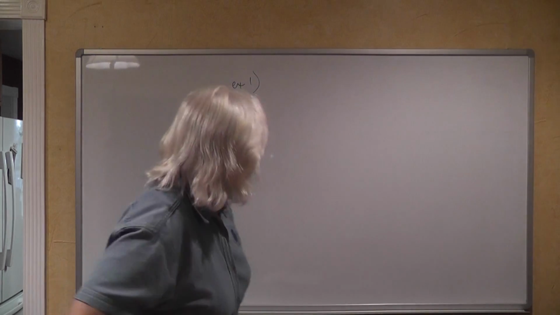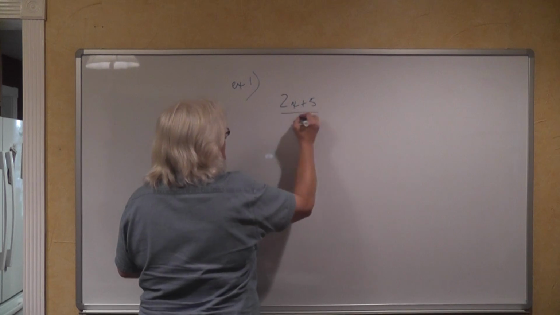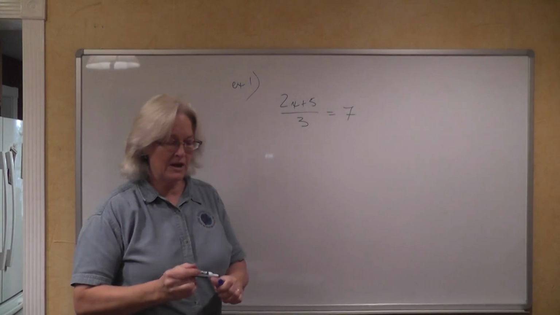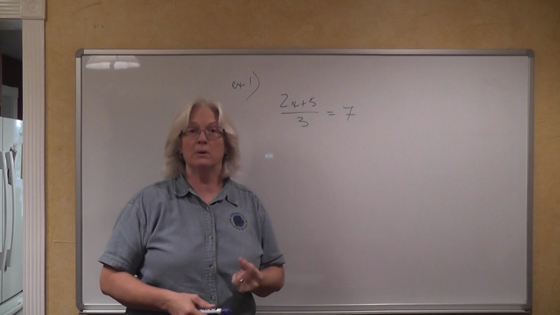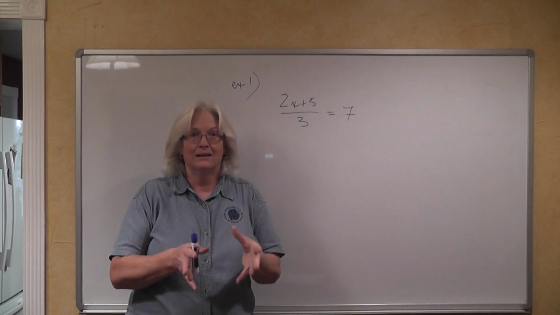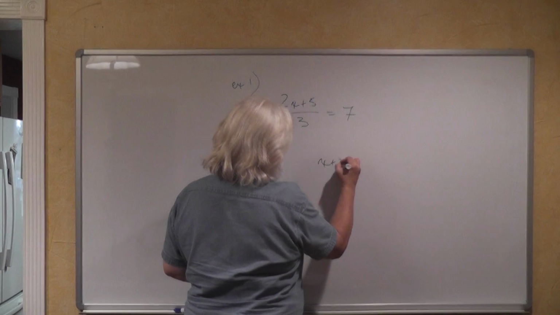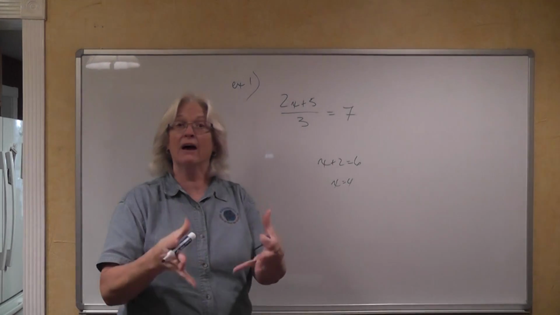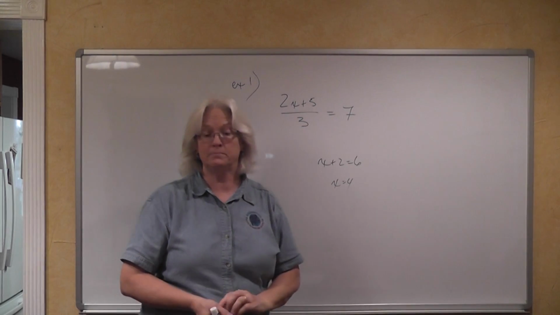2x plus 5 over 3 is equal to 7. Now if you have never seen an equation that contains a rational expression, that might be a little bit intimidating to you. And this is a good example of why I've said, don't just tell me when you see something that says x plus 2 is equal to 6, that x is equal to 4, because you have to know the methodology to use so that you're able to solve this problem.